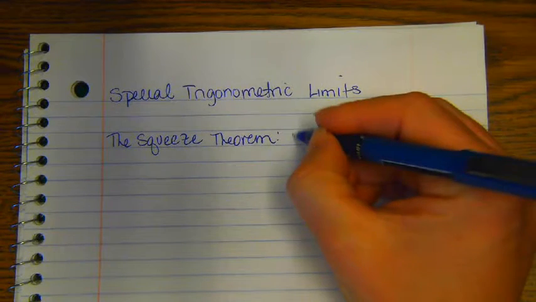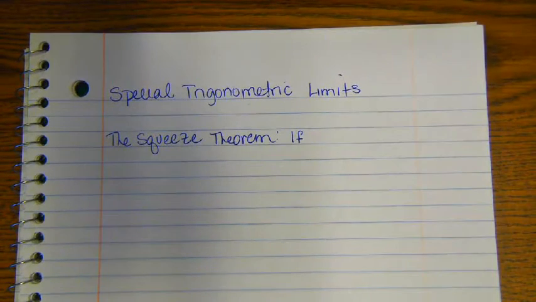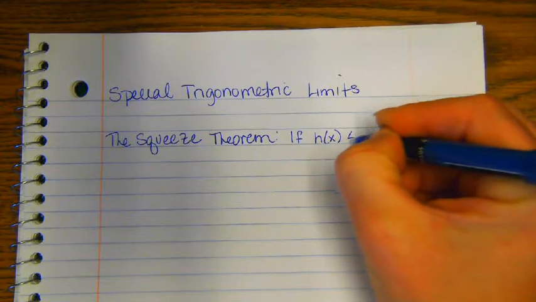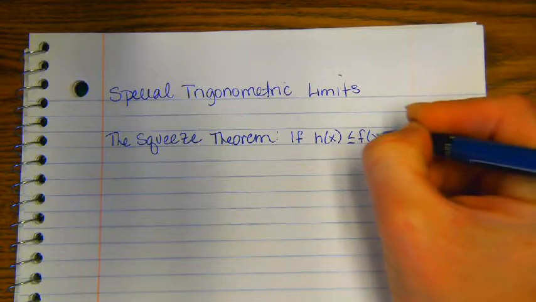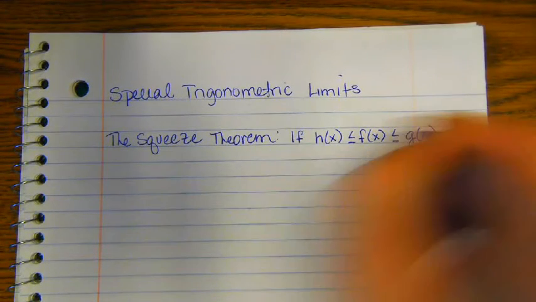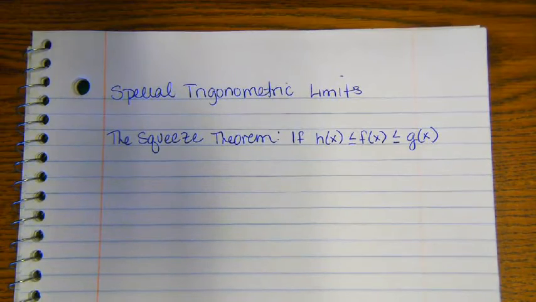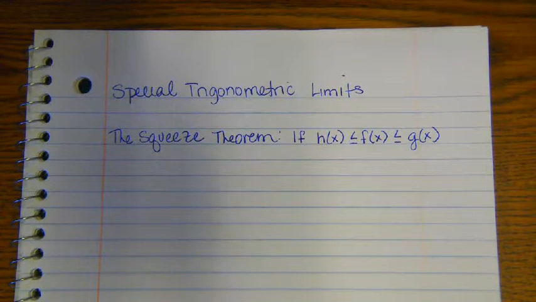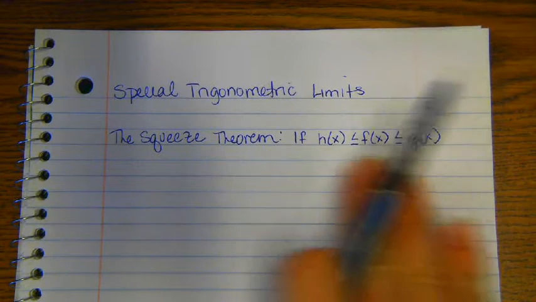So if you have a function that is between two functions, the way I'm going to write that is h of x is less than or equal to f of x is less than or equal to g of x. So f of x basically is some kind of function that is squashed and it stays between this g of x and h of x. Okay?